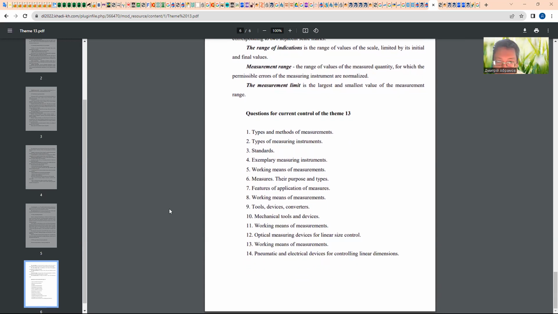And you can see the questions for current control on theme 13.